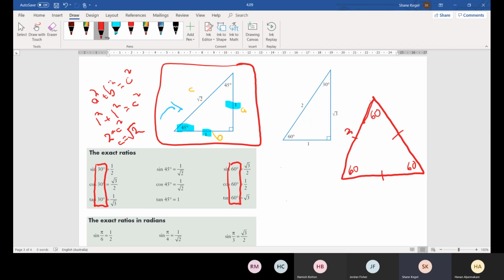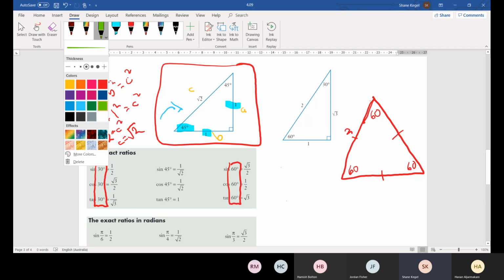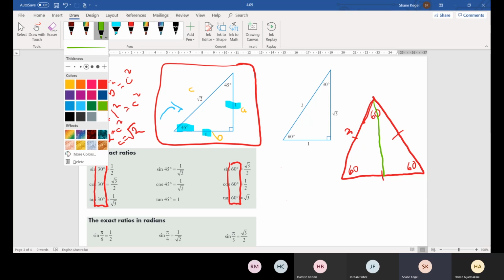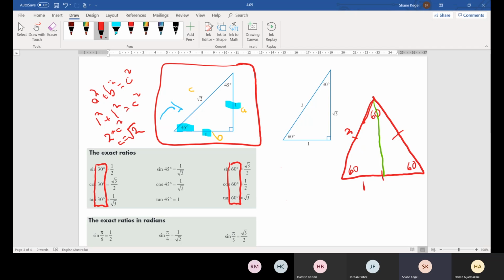So what they've done here is simply cut this triangle in half, straight down the middle. So the distance along the bottom of that triangle was 2, which would mean the new triangle is now 1. And the angle that was at the top was 60 degrees, but we've halved it because we've cut it in half. So now we've got 30 degrees, and that's our right angle there. So that's where they've got this triangle from.